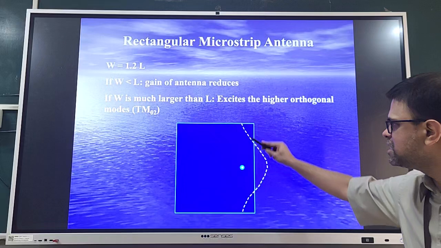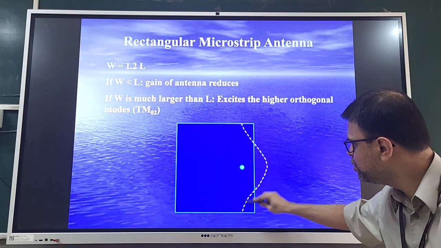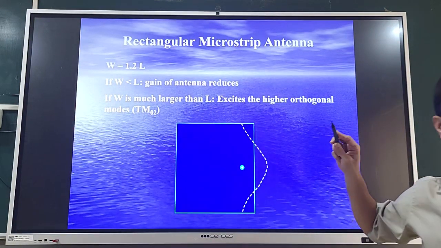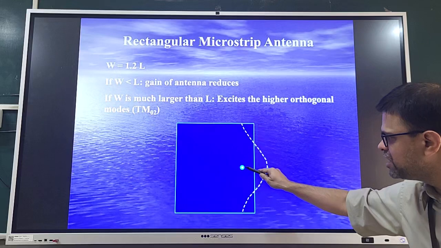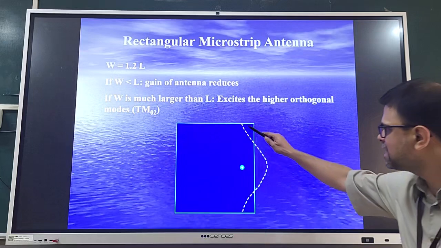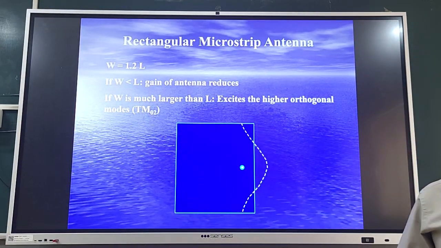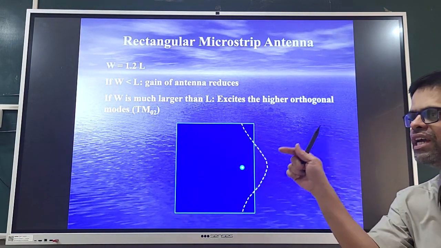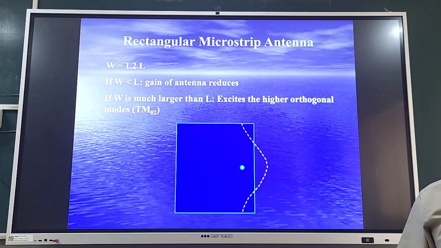This is the 02 mode field distribution for the fundamental mode excitation, because this is the field distribution by which you excite the 10 mode. But the same feed point will also excite the 02 mode. What happens in 02? You will have zero variation along the length of the patch, but two half wavelength variations along the width of the patch.